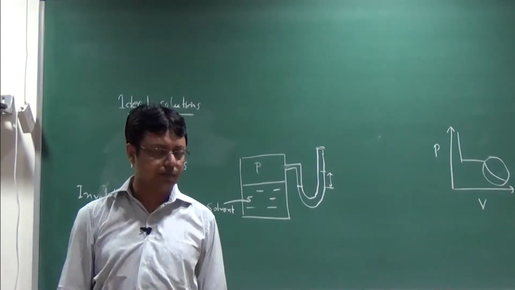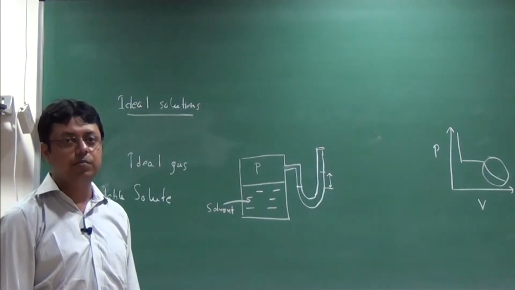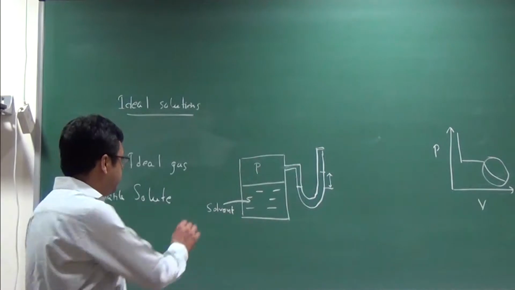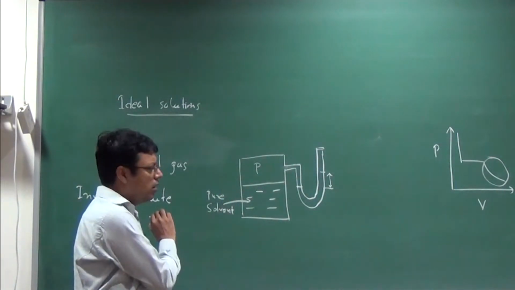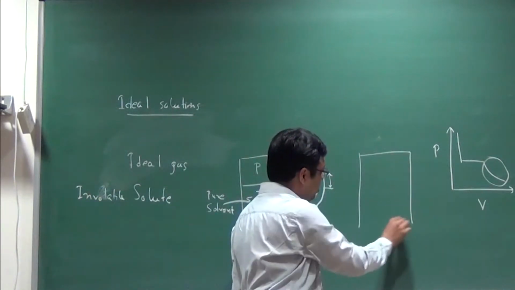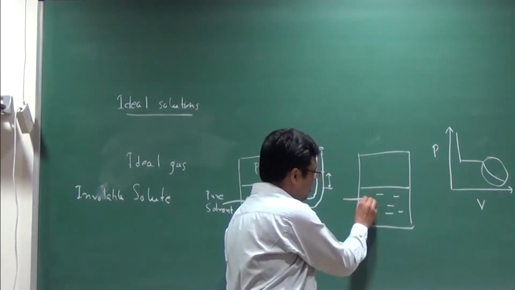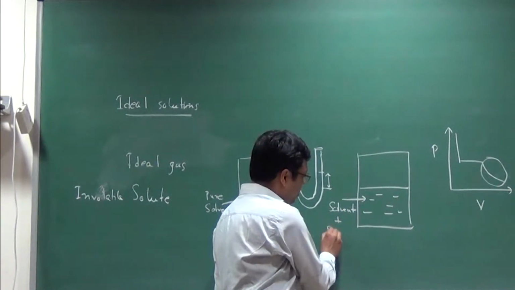As simple as that. Now this is for a pure solvent, not a solution. What we are going to compare is the same solvent, but now with a solute also.